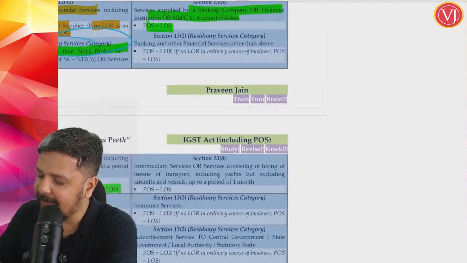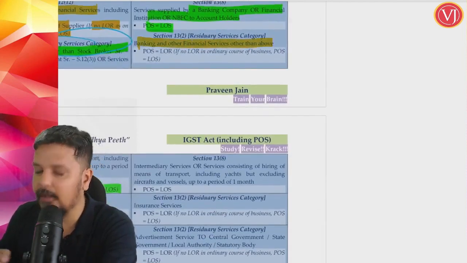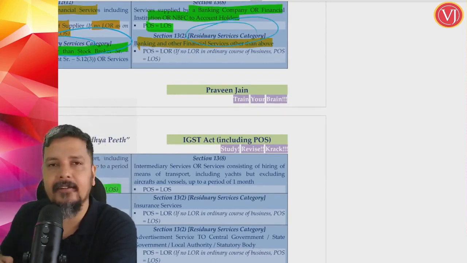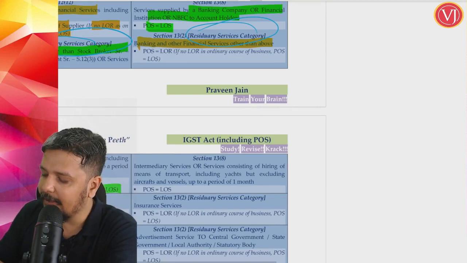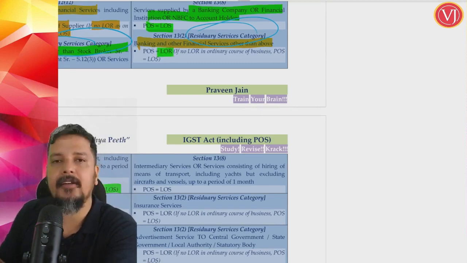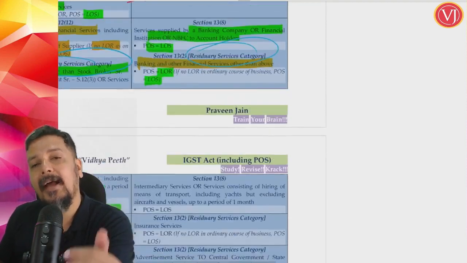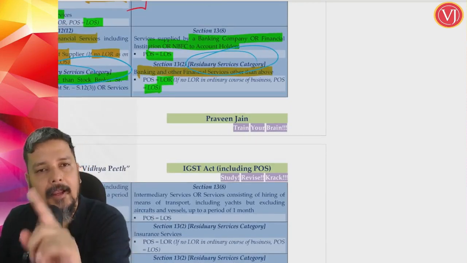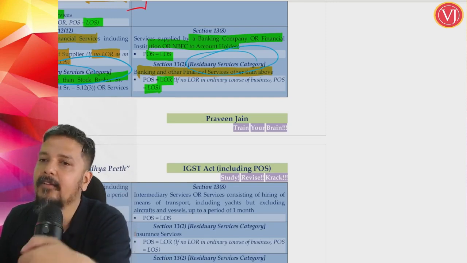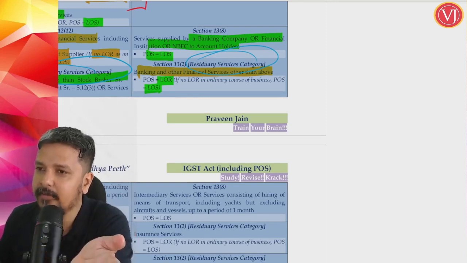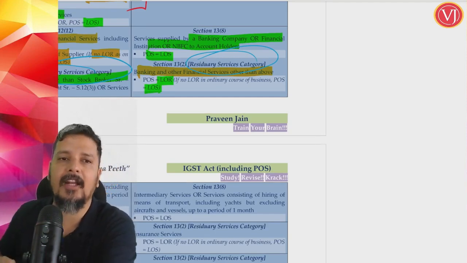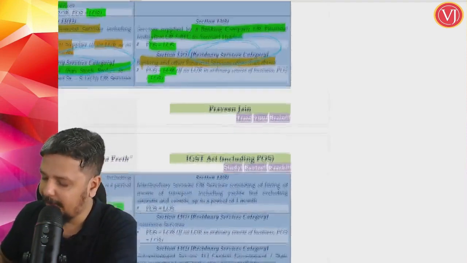For other banking services, which are not to account holders, it goes in the residuary category. If it is residuary category, go with location of recipient. If not available, then go with location of supplier. For banking services to account holders, one simple formula, LOS. For banking services to other than account holders, they tell that go with the normal category, go with location of recipient. If not available, go with location of supplier.